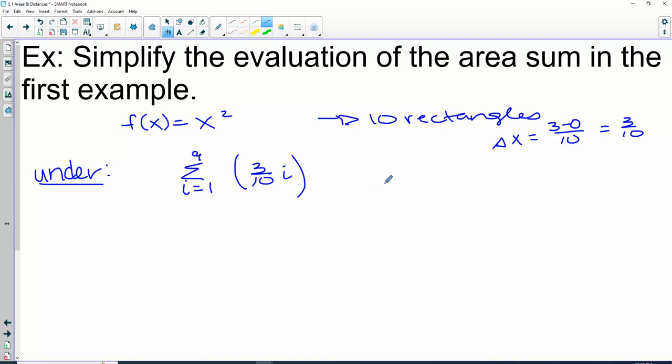We put them into our formula, which is x squared, so we square them. This gives the height, but area is length times width. What's the width of every rectangle? 3 tenths. So yesterday we were taking the whole thing times 3 tenths.